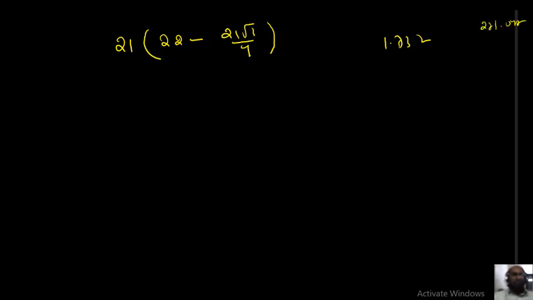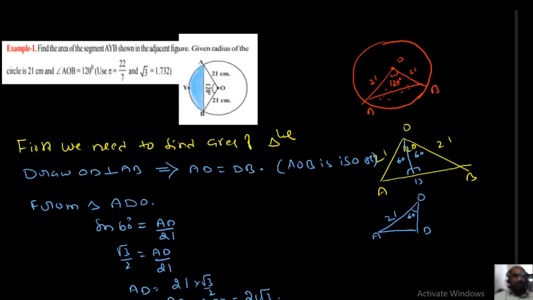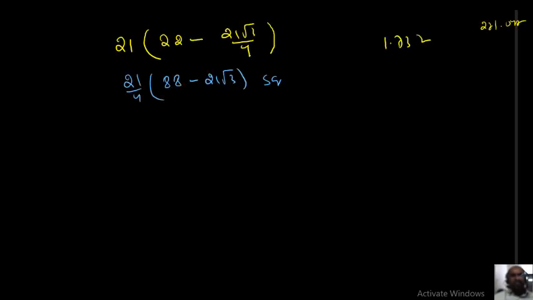Okay, students, I want to simplify this: 21 by 4 into 88 minus 21 root 3 square units. Units are centimeters, given the radius, so I can say square centimeters. This is the area of the required segment.